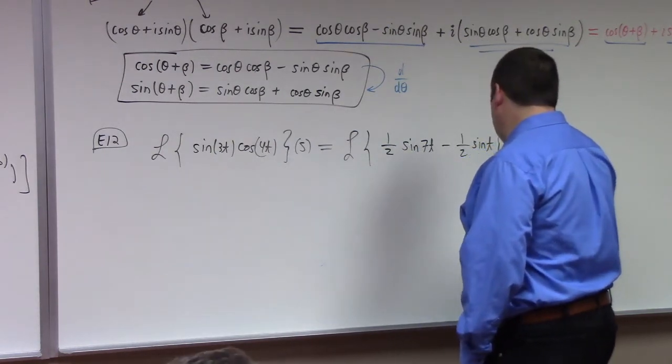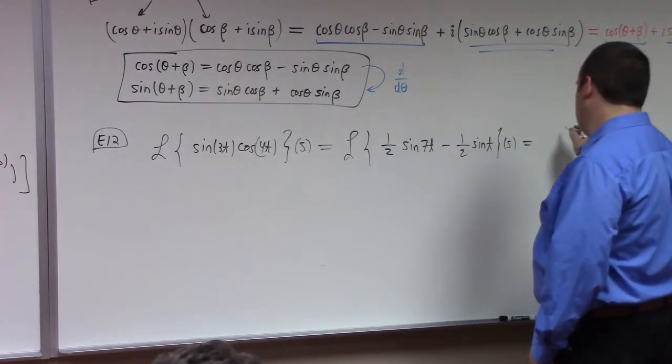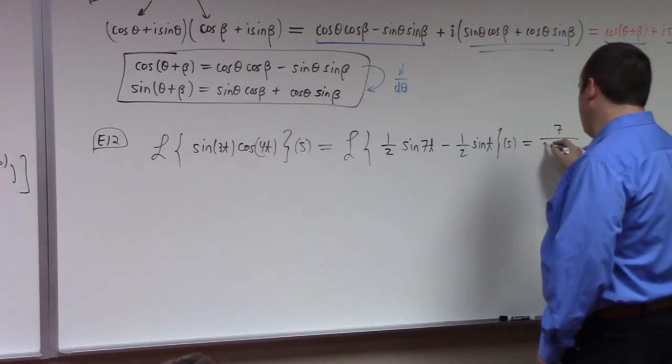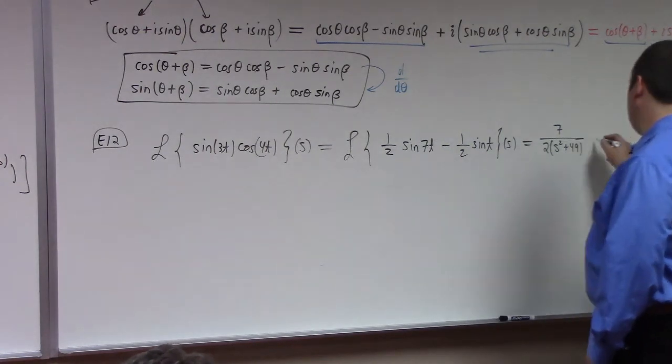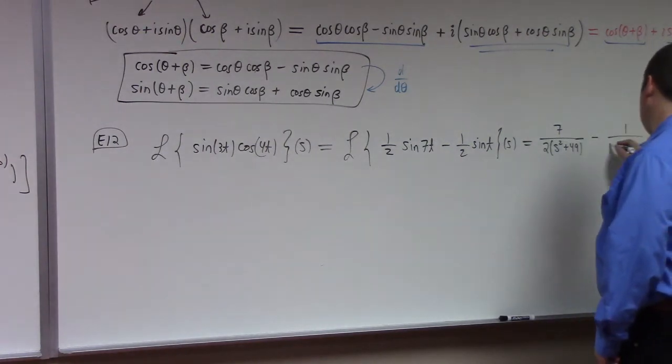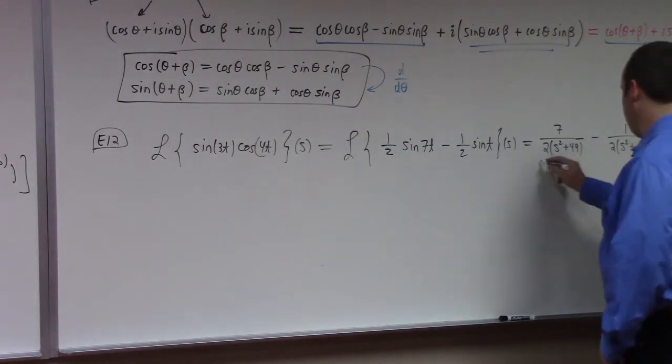And then at that point, we're like, yay. So that's just 7/2 times 1 over s squared plus 49 minus 1/2 times 1 over s squared plus 1. Hooray, done.